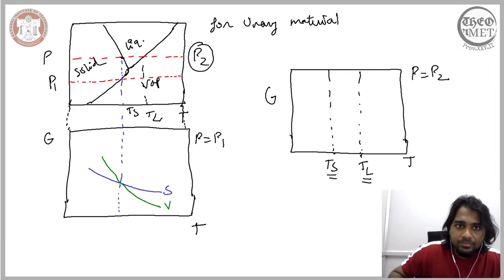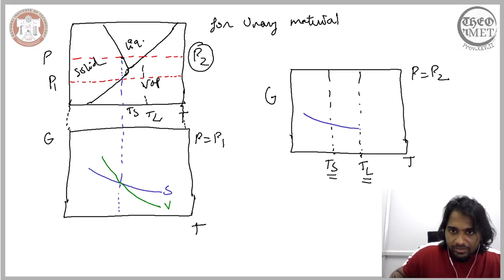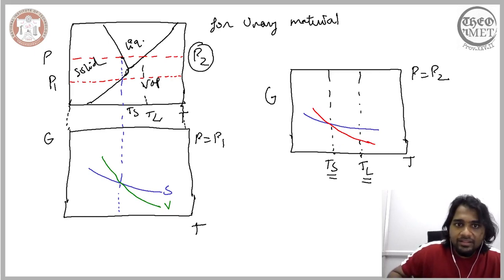Now if we represent the solid curve in this way, the liquid curve would be something like this, wherein beyond Ts it is the liquid curve that has the lowest Gibbs free energy, and beyond TL it is the gaseous curve that has the lowest free energy.